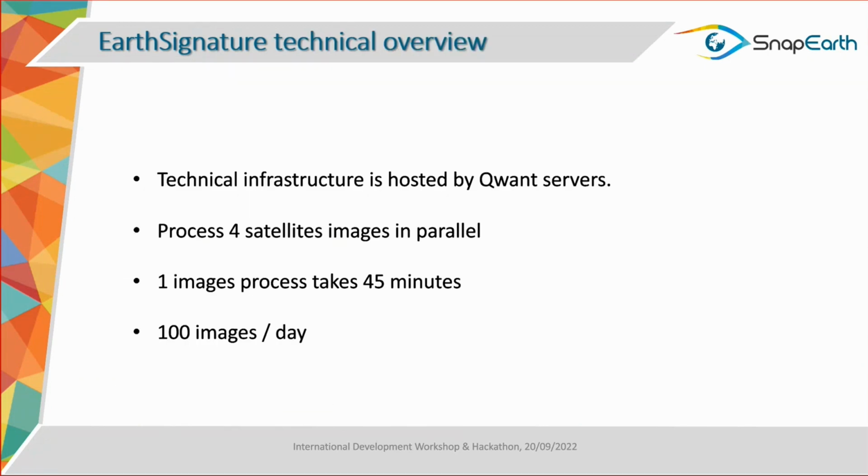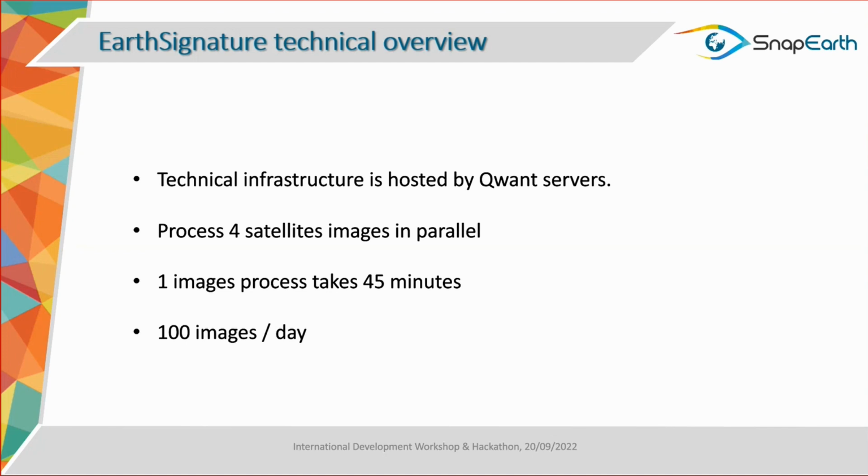And still about the overview, but a little bit more technical. So the technical infrastructure of EarthSignature is hosted by a Qwant server. We first process satellite images in parallel, and one image takes 45 minutes to process and to compute the segmentation.